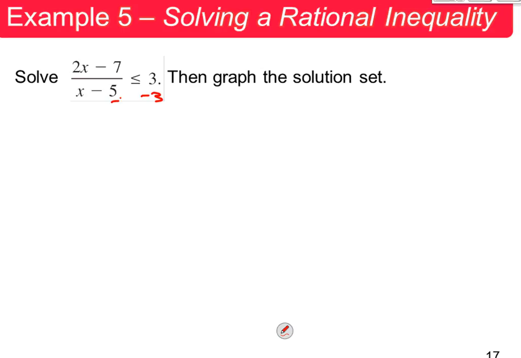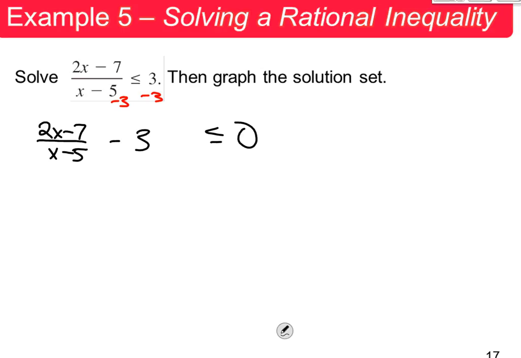So I really have to subtract 3 from both sides, and so then my real problem is (2x minus 7) over (x minus 5), minus 3, the whole thing, and I'm going to leave a little gap there, is less than or equal to 0. Do you know why I left the gap? I'm going to get a common denominator.